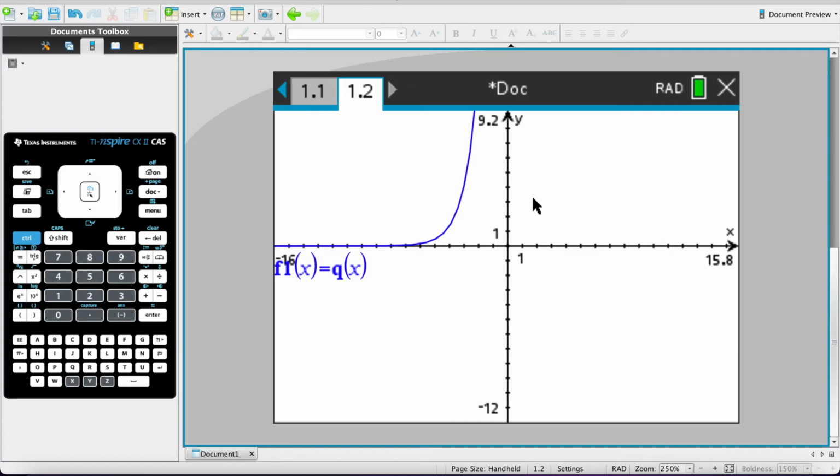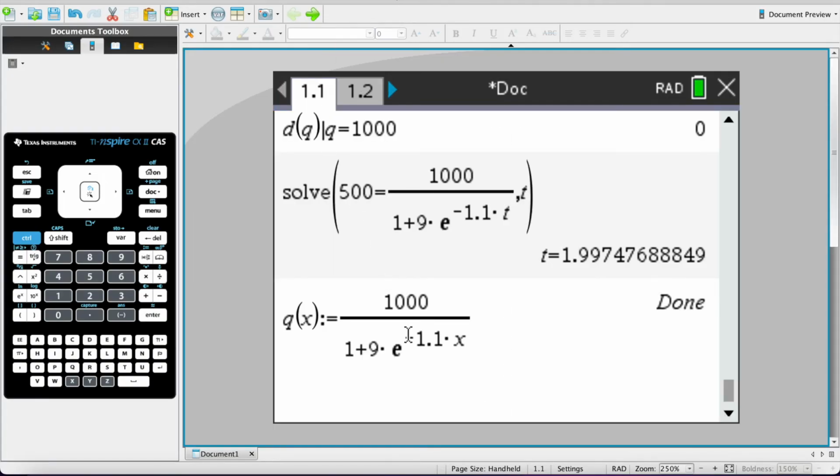So t is negative, that doesn't make sense. Did I put the negative 1.1? Yeah, I think I did that right. What have I done?